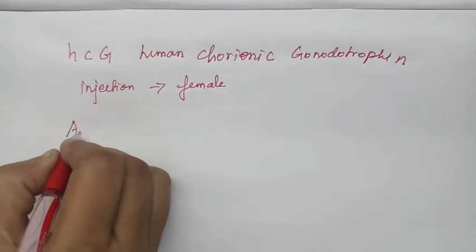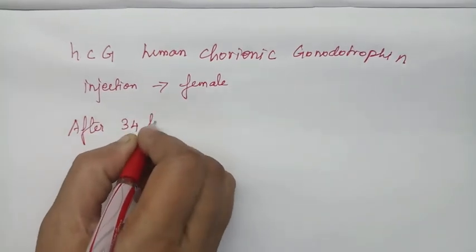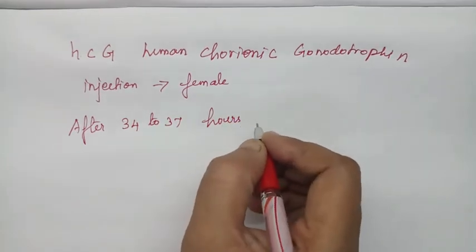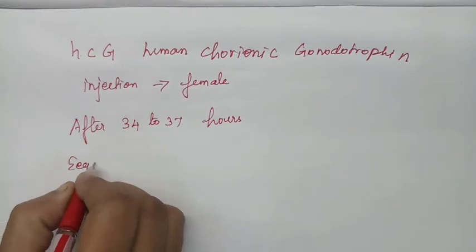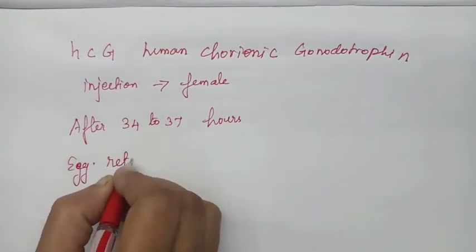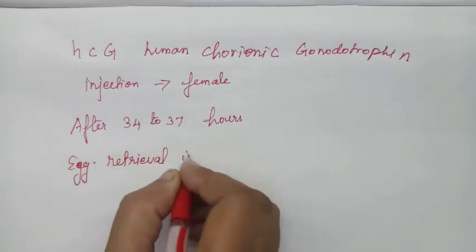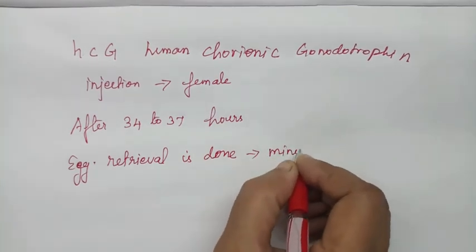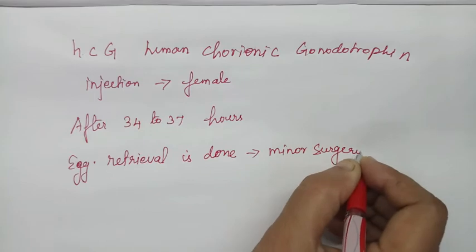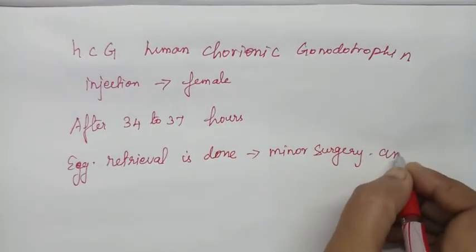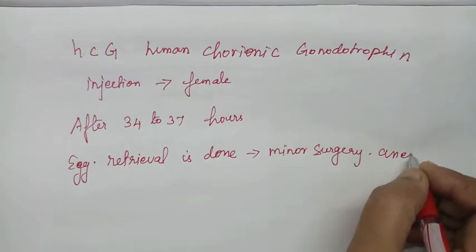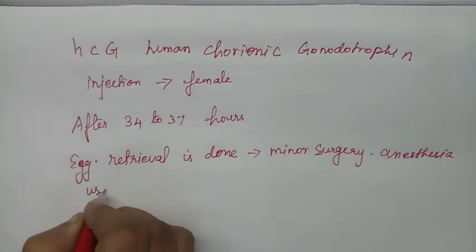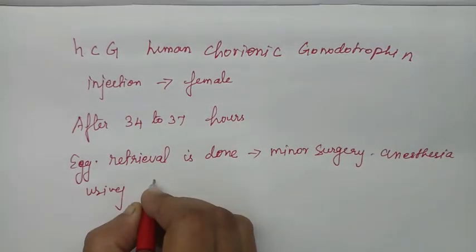After 34 to 37 hours of this injection, egg retrieval is done by minor surgery, using general anesthesia and an ultrasound guide.